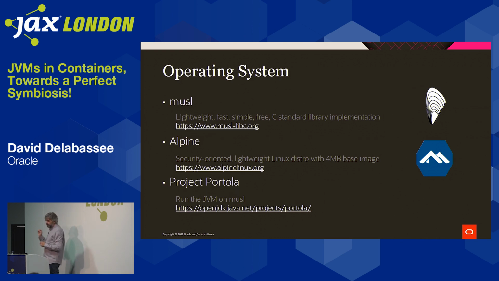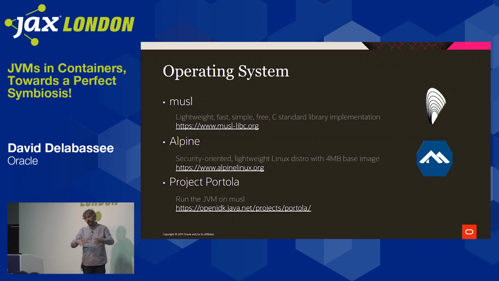But there is one issue with Alpine. Alpine has been compiled for musl. But musl is basically an alternative to libc, the C library that the standard OpenJDK JVM uses to talk to the underlying operating system. So OpenJDK is compiled using libc, and Alpine requires musl.